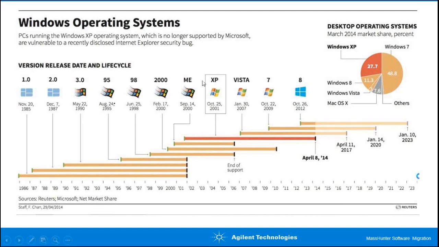So I will focus on XP as an example. So you see here that Microsoft declared that XP is no longer supported. This is the issue with supporting newer instruments and devices, and the fact that if you look over here, you can see that from 2014 XP was still alive.